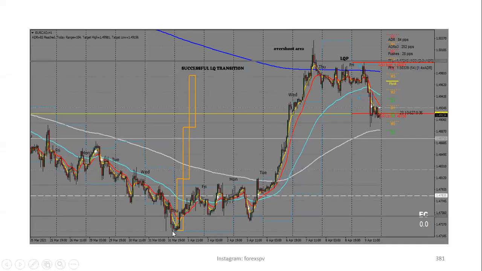So we had high market volatility, and it produced an overshoot area, which is 25 pips below this. And for a bullish move like this, when price reaches 25 pips below this large quarter point, we call this the undershoot area. But in this example, price did overshoot this area. It went all the way above it, 25 pips above, so it produced the overshoot area, and then price reversed.